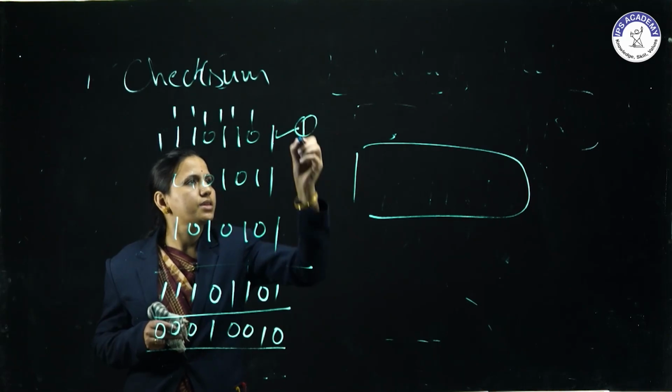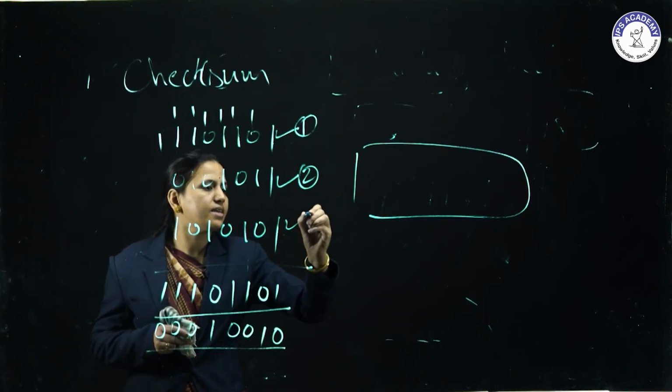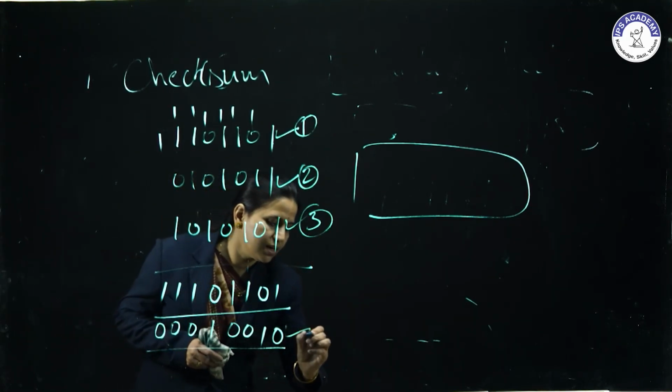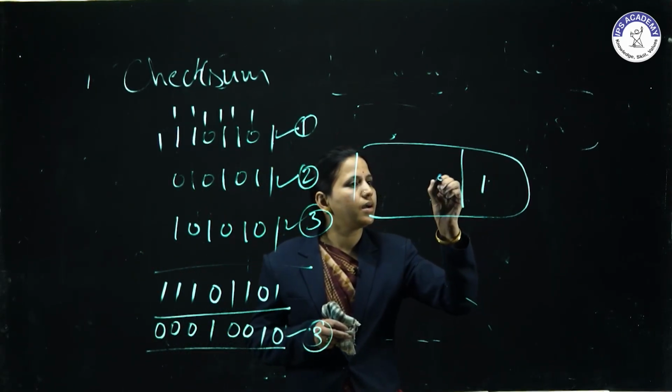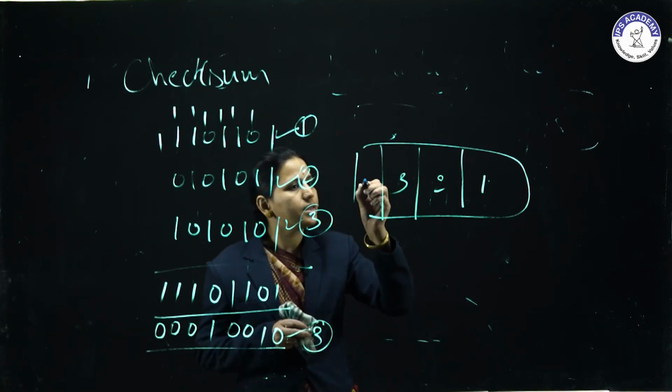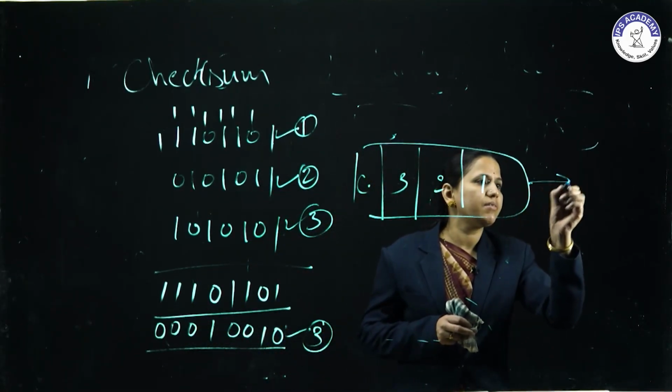This is our first data word, this is the second, this is the third, and this is the checksum. So the sender sends in this manner 1, 2, 3, then the checksum, and the receiver receives.